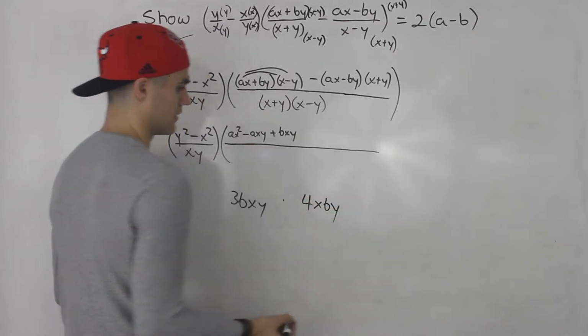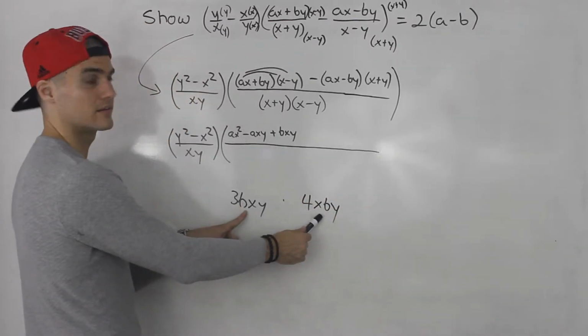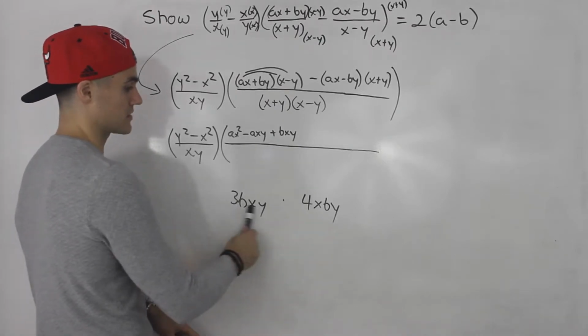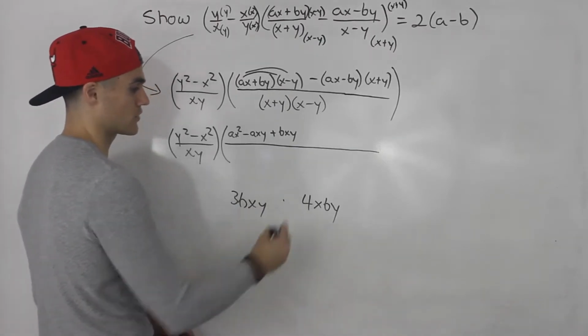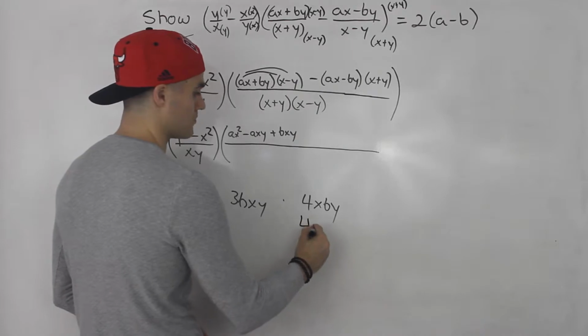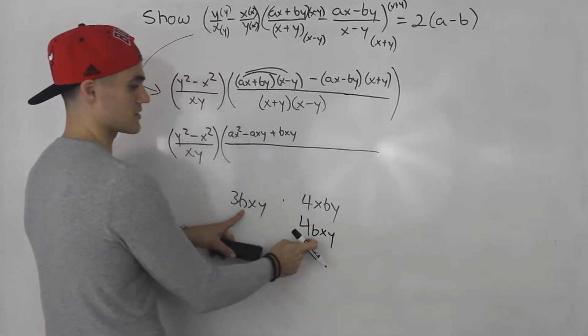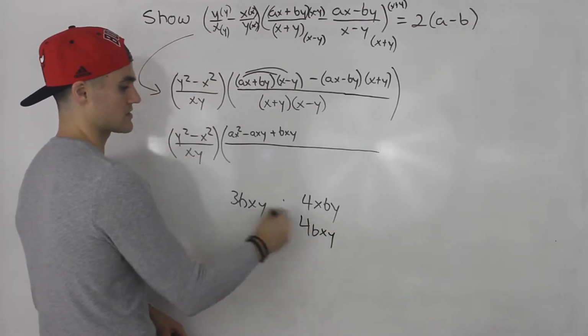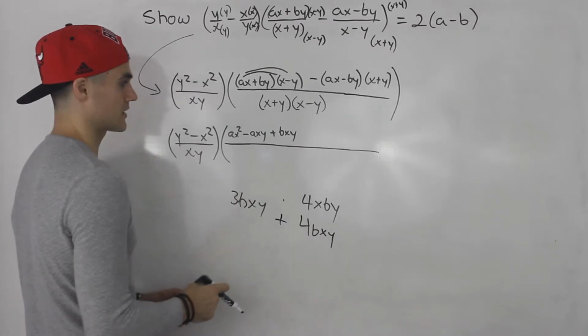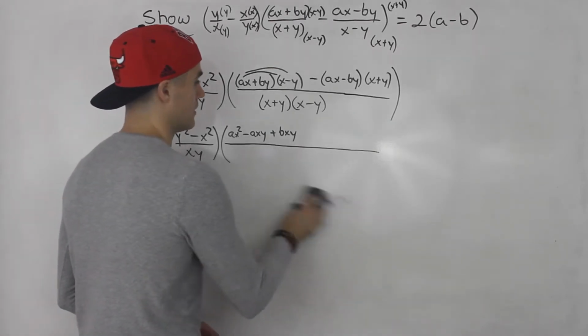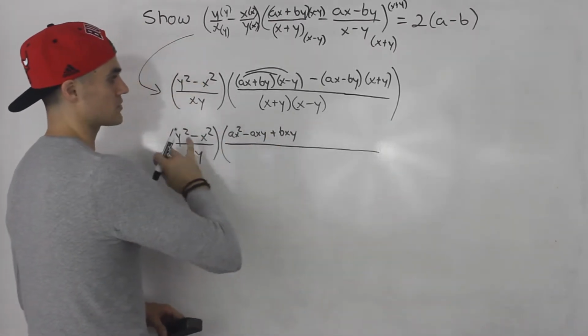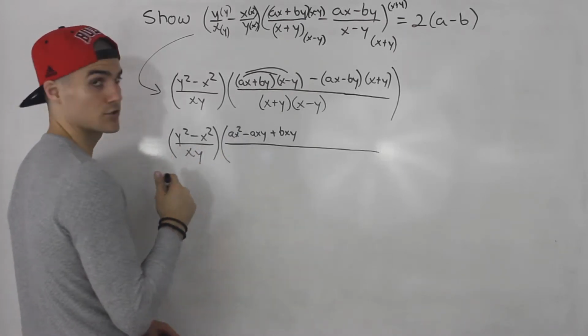Sometimes it's hard to spot that they're like terms, but everything is multiplying, so you could rearrange it however. So this you could rearrange as 4bxy. Then notice they're like terms, so if they were adding, you could simplify that to 7bxy. That's why I like to put everything in alphabetical order, so you could spot those like terms a lot easier. You don't miss anything.